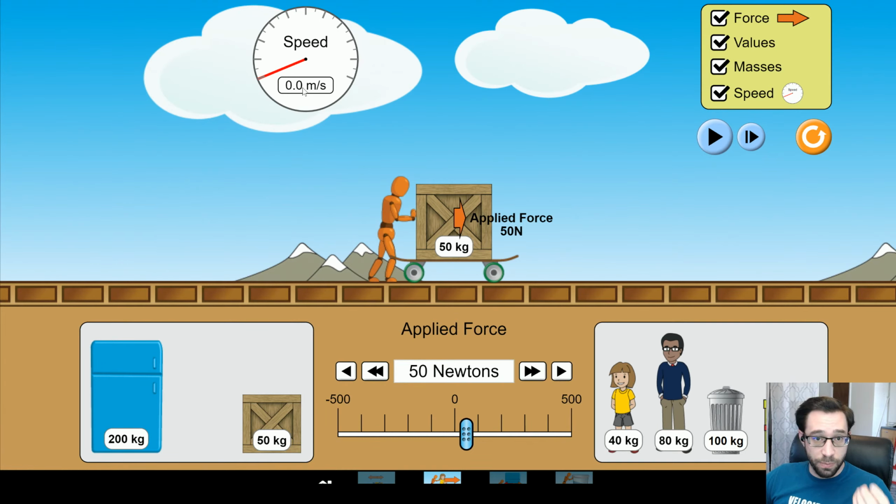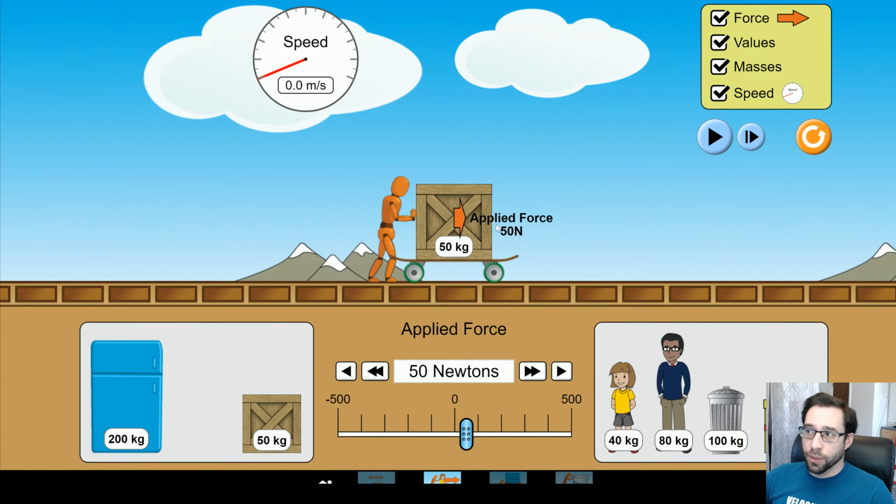Like the speed is going to increase. So we're assuming there's no air resistance. So if I've got 50 kilograms here, I'm applying 50 newtons of force, and there's nothing counteracting it. So we should be able to figure out what the acceleration is.